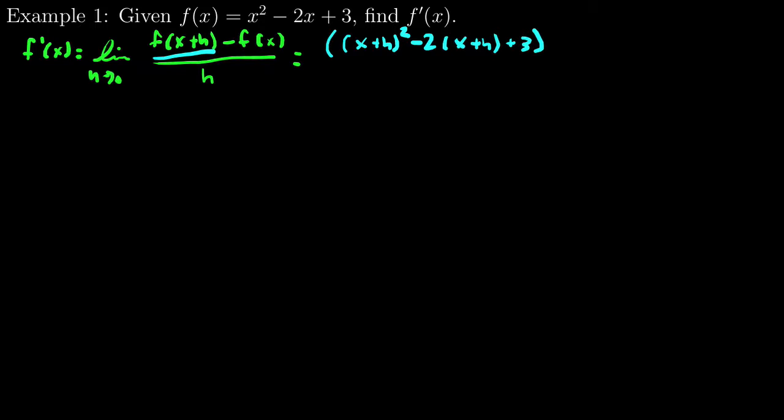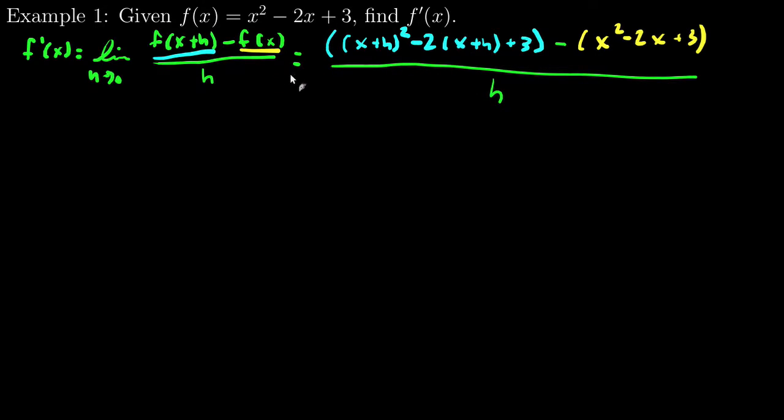And then I have a minus, and now I just do f of x, so I have x squared minus 2x plus 3 all over h. And don't forget the limit.